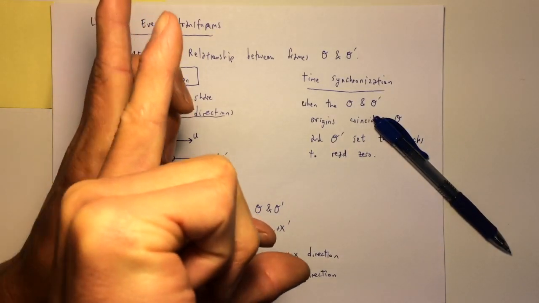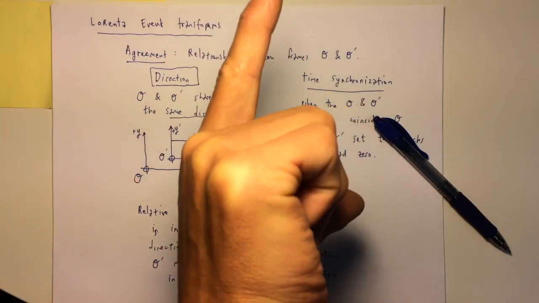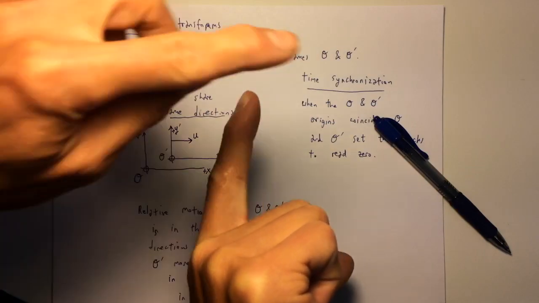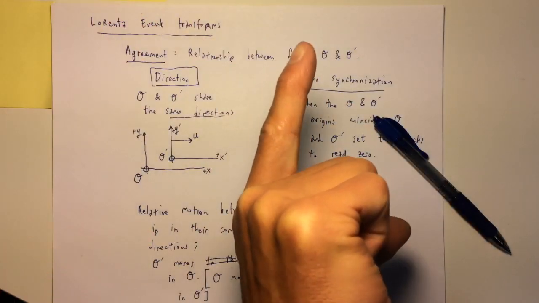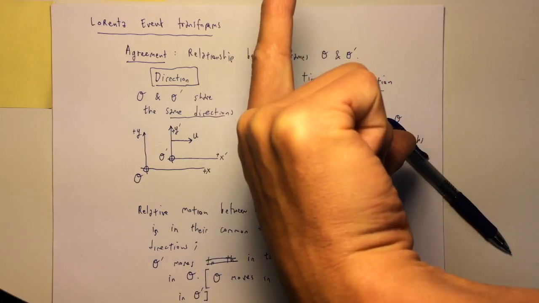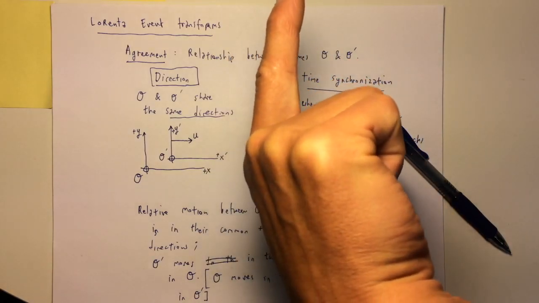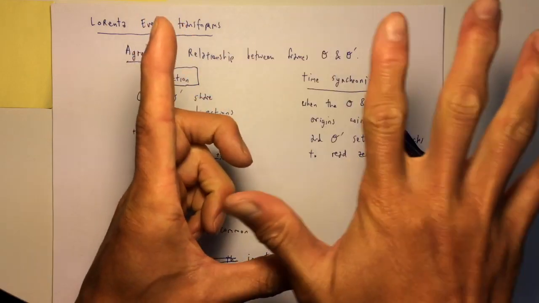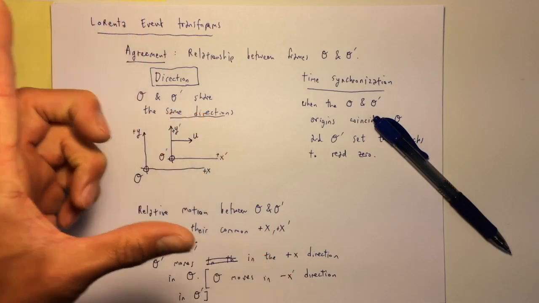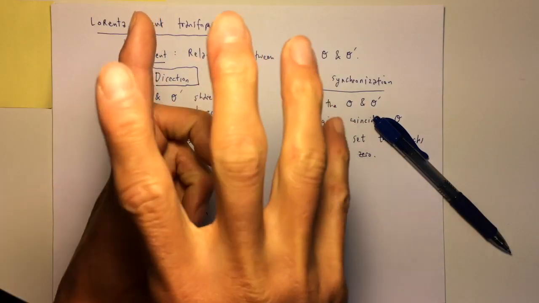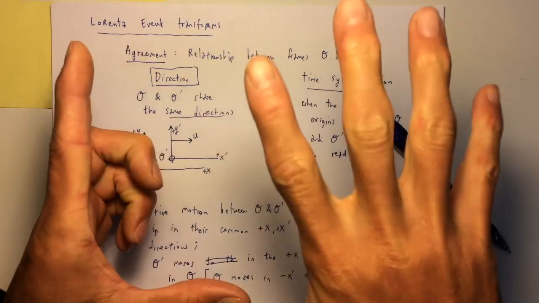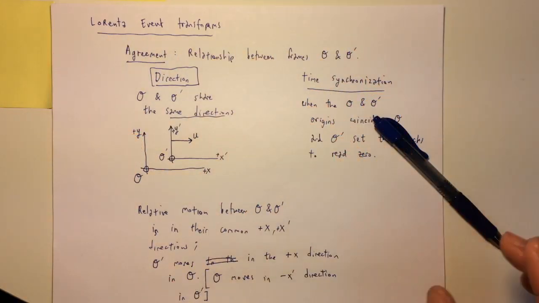And so after that, all of O prime's clocks have to organize all the clocks in the O prime frame. Remember, O prime's got an infinite number of clocks located at every location in O prime's frame of reference, and O has an infinite number of clocks ambiently throughout O's frame of reference. And then they'll have to work out separately in their frames of reference how to synchronize all their clocks together, right?